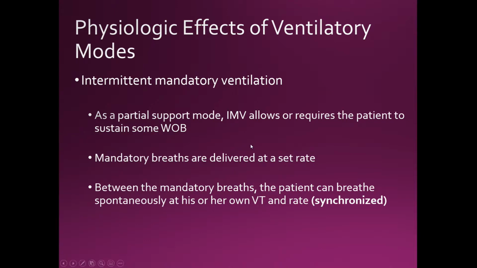So when we're on intermittent mandatory ventilation, intermittent meaning that it's intermittent between the patient and the machine. So sometimes the machine will breathe, sometimes the patient will breathe. Okay, so IMV allows or requires the patient to sustain some work of breathing. Now some people think that the IMV is a weaning mode, and I would say that is true up to a certain point.